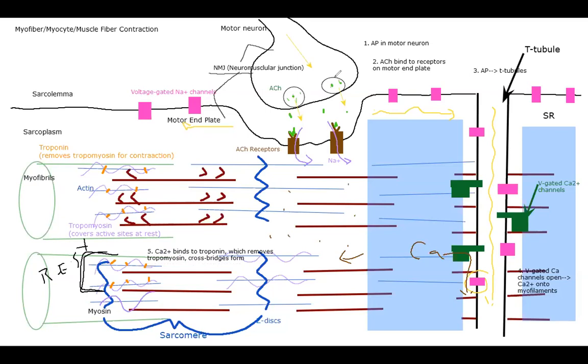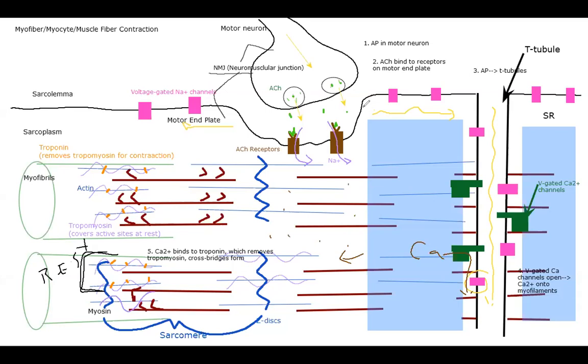And now the myosin heads are going to bind. Right, they're going to form cross bridges with the actin. Right, so before, all the myosins above, they're not actually touching the actin. Now they are touching the actin. Cross bridges have been formed.